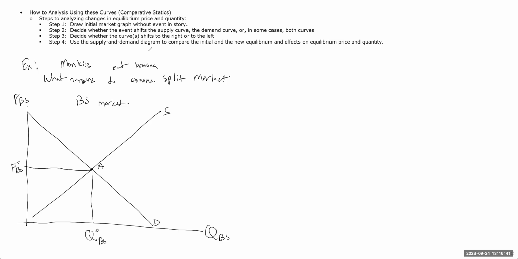Okay. So when the monkeys ate a bunch of bananas, it causes the price of bananas to increase, right? Which causes the supply, that's an input, supply for banana splits to decrease.